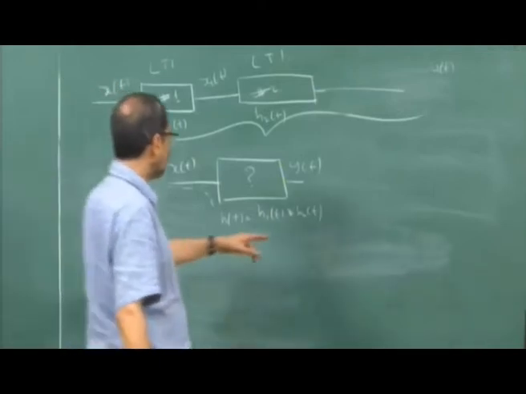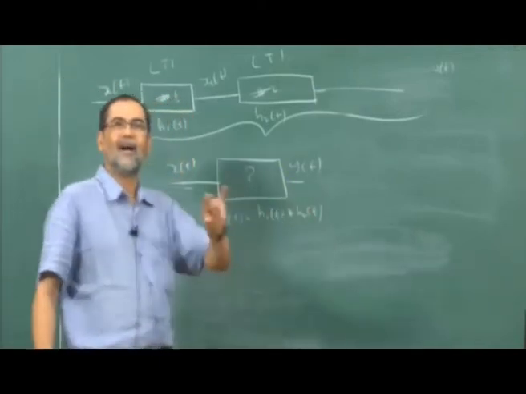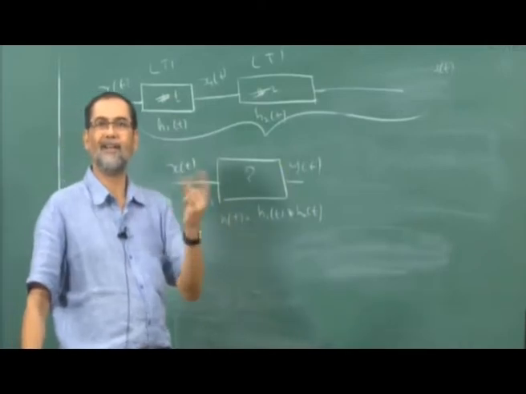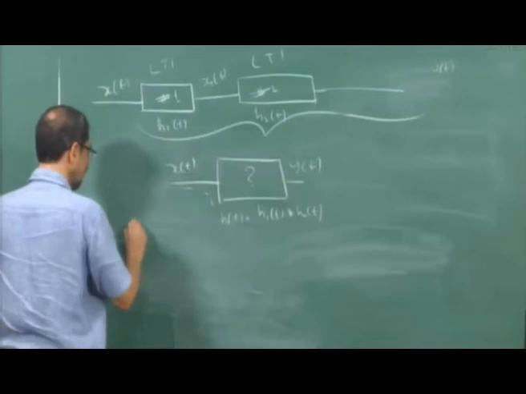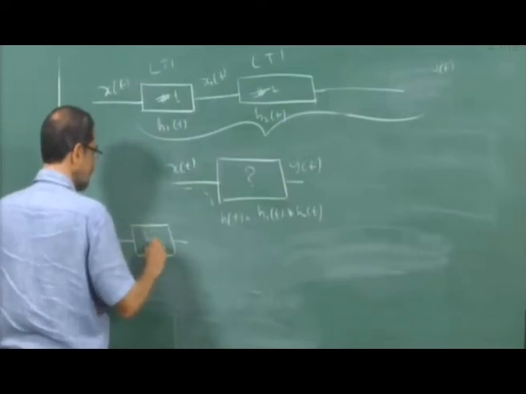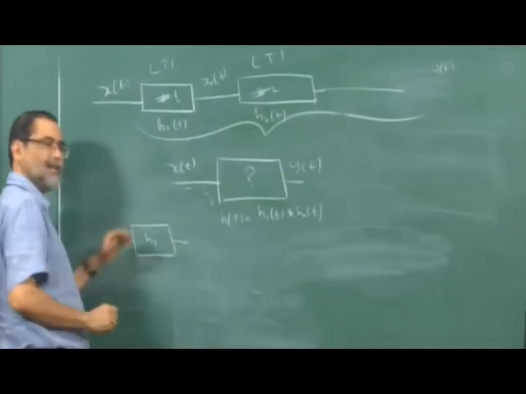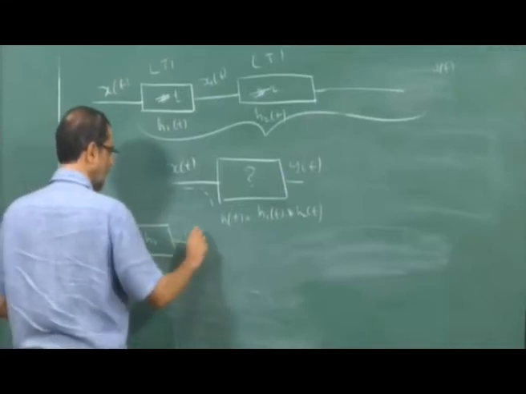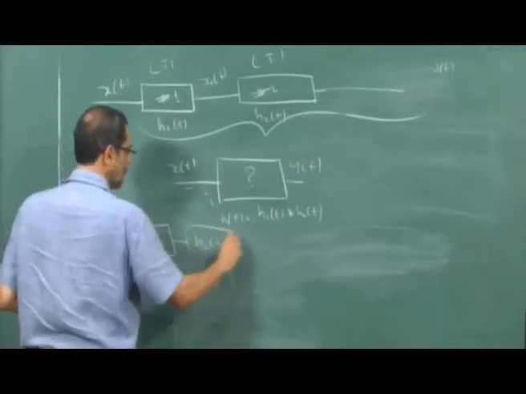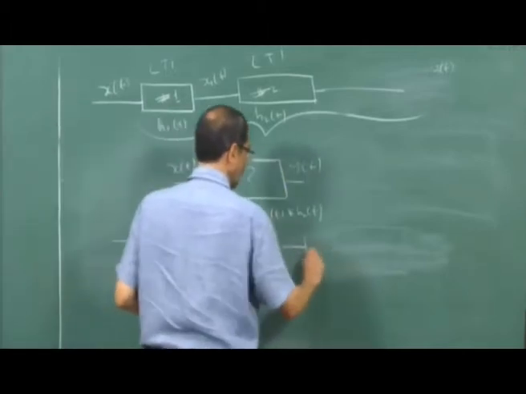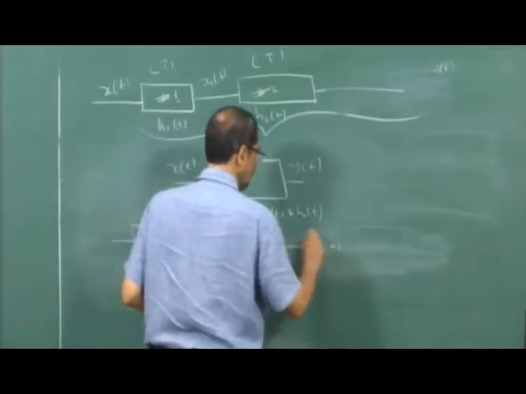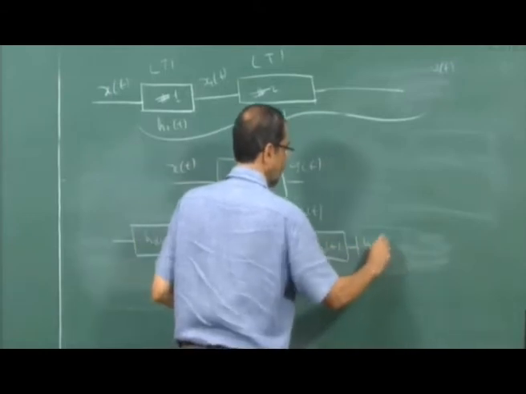And because convolution is a commutative operation, for LTI systems this means an interesting result. If I first send the input through a system with impulse response h1 and the output goes through h2, this is identical to first sending it through h2 and then through h1.